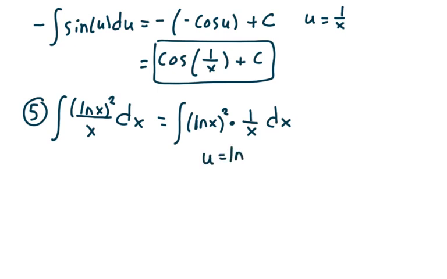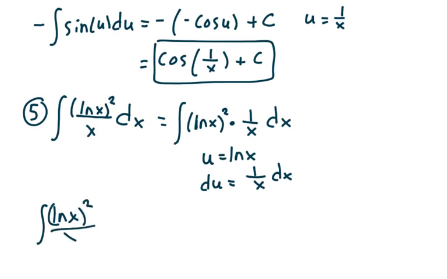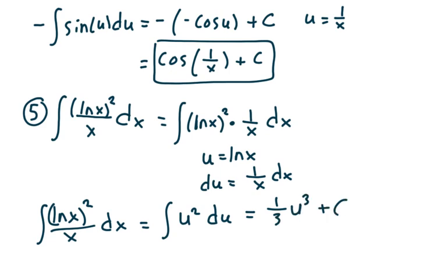So I'm going to let u equal natural log of x. Du is 1 over x dx. And so the integral of natural log of x squared divided by x dx is the integral of u squared du. But this is 1/3 u cubed plus c.